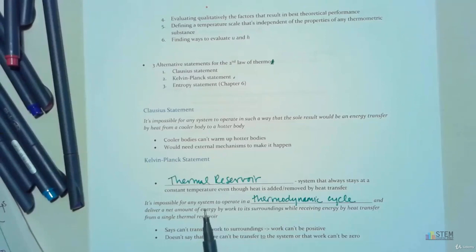So it's impossible for any system to operate in a thermodynamic cycle and deliver a net amount of energy by work to its surroundings while receiving energy by heat transfer from a single thermal reservoir. Right? So that is what the Kelvin-Planck statement says.